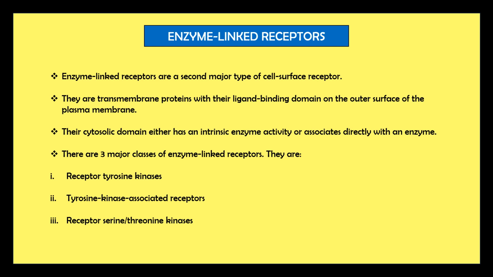There are several classes of enzyme linked receptors, but we will mainly focus on three major classes, that is receptor tyrosine kinases, the most numerous of the enzyme linked receptors; next, tyrosine kinase associated receptors; and next, receptor serine threonine kinases.